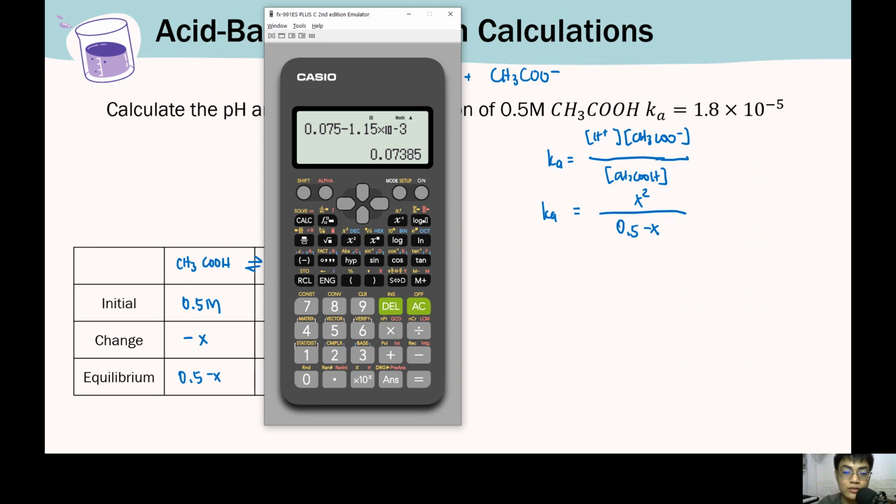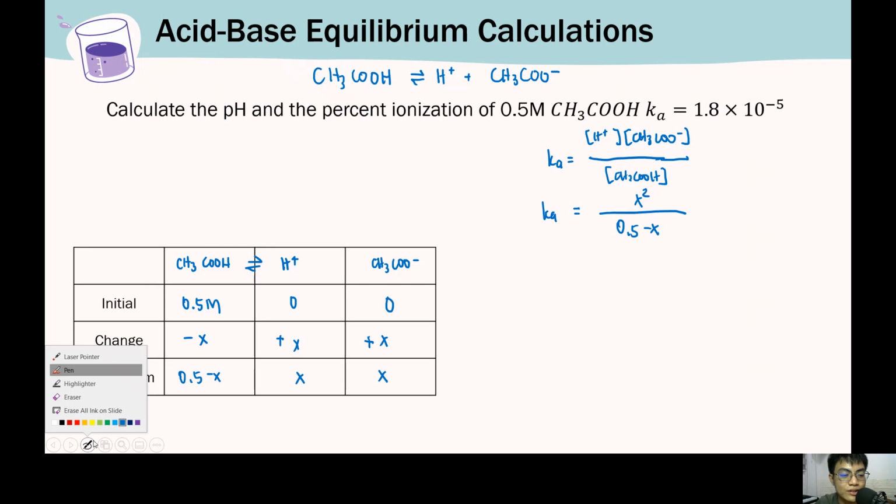So again, to do the shortcut, you just need to divide the concentration of your acid by its K. Okay, so let's do that. So concentration is 0.5. The Ka is 1.8 times 10 raised to negative 5. Let's see if the quotient is greater than 1,000. Okay, so greater than 1,000. So what does that imply? If the quotient of your concentration and your K value is greater than 1,000, then that means that you can just simply delete this X. Pwede mo na siya burahin.